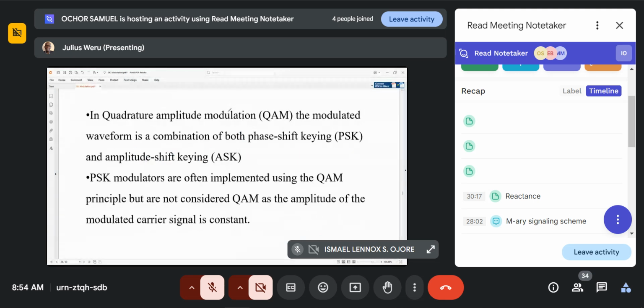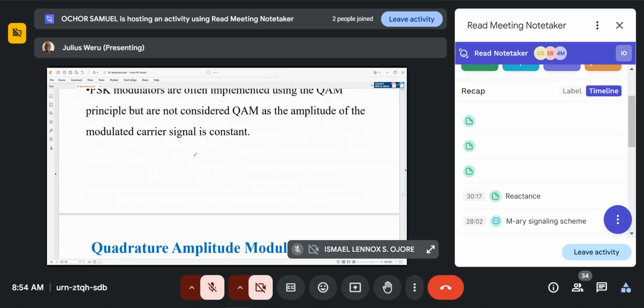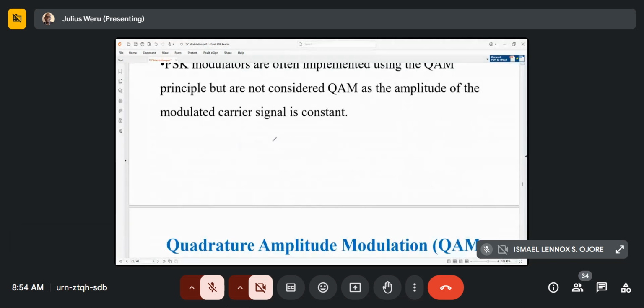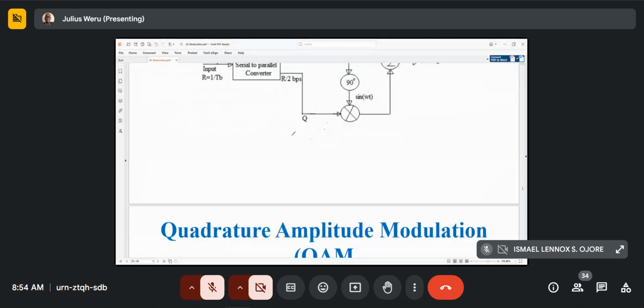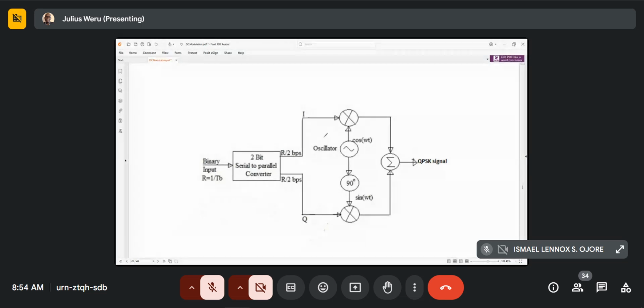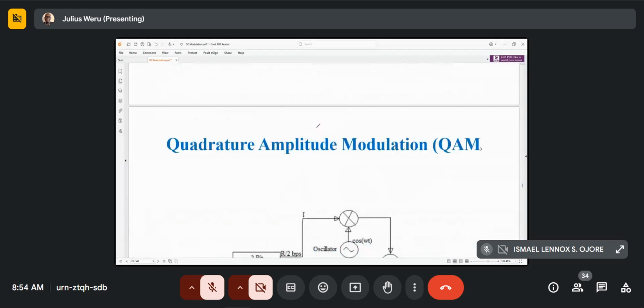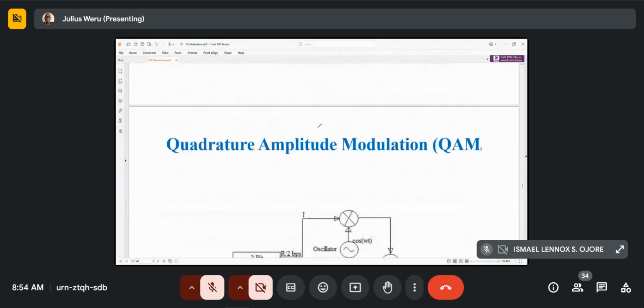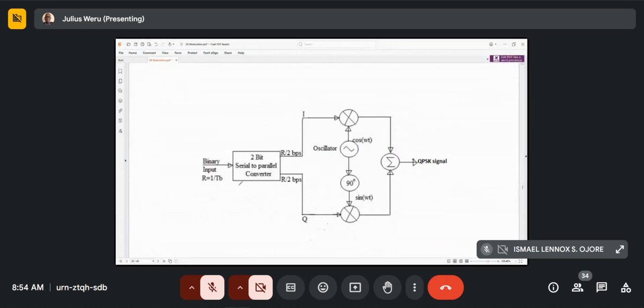So in QAM, we just go directly to how you generate QAM. This is how QAM works.